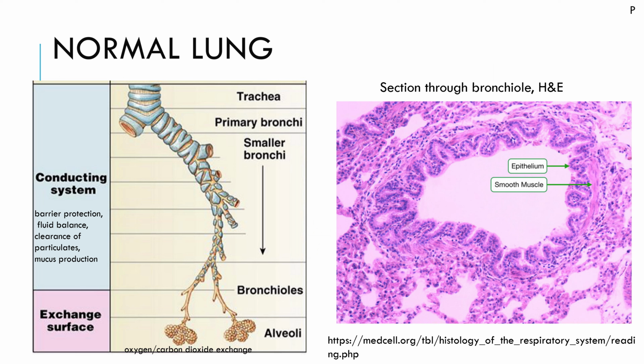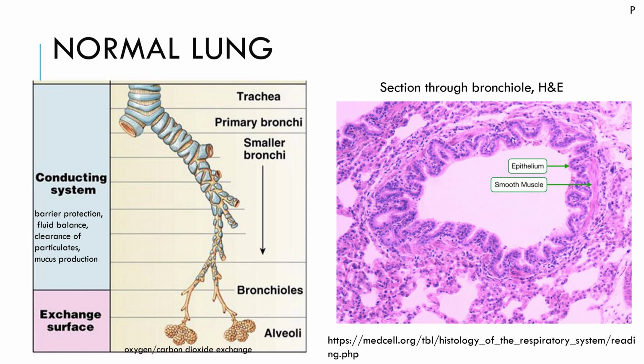It has two primary components: a conducting system that is a series of tubes that descend from the mouth and trachea down to an exchange area that is involved as a region in actual oxygen and carbon dioxide exchange.